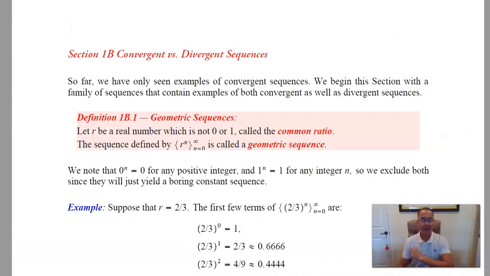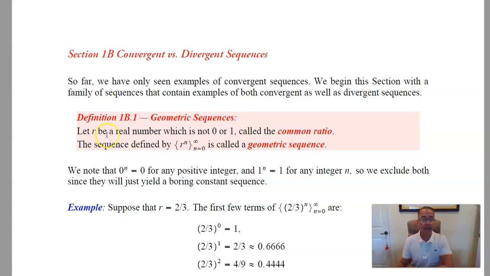All right, so let's formalize and recap what we saw in GeoGebra. We played with exponential functions, and we turned the exponent into an integer. Instead of writing a to the x, we are going to write r to the n, because this is the notation that we will use when we talk about geometric series.